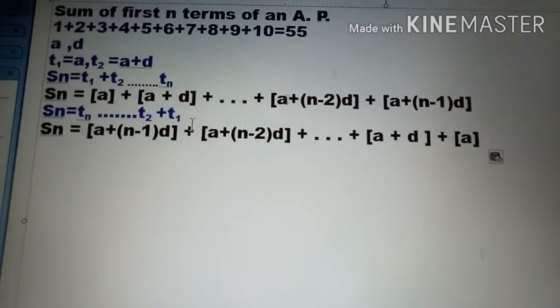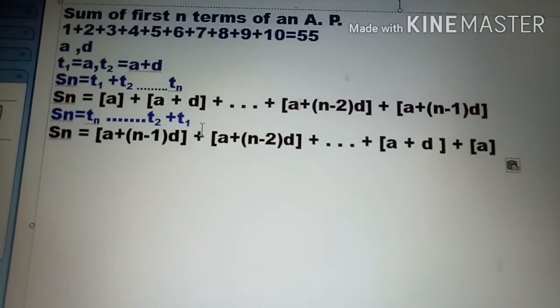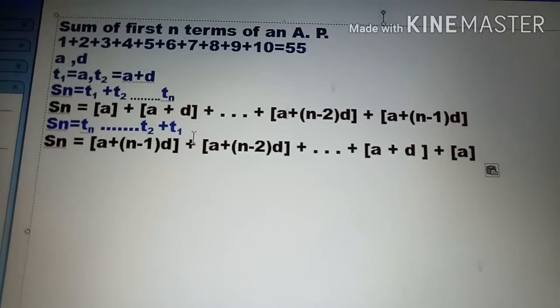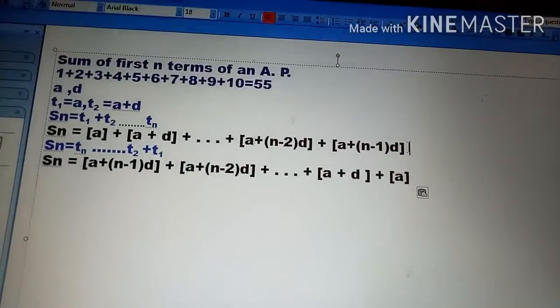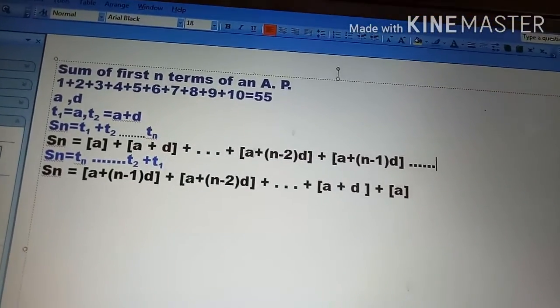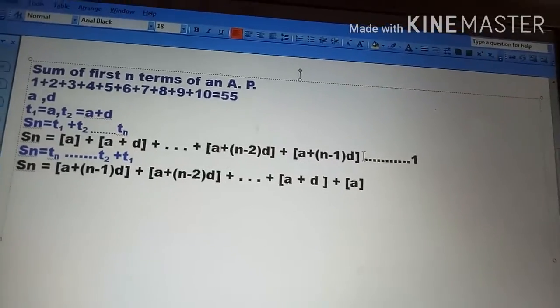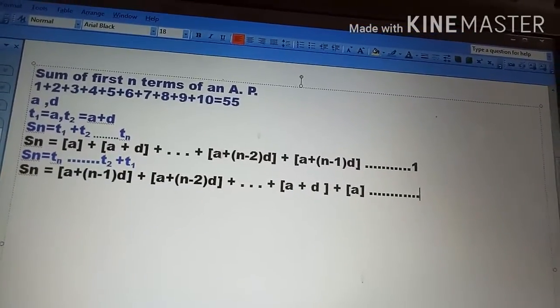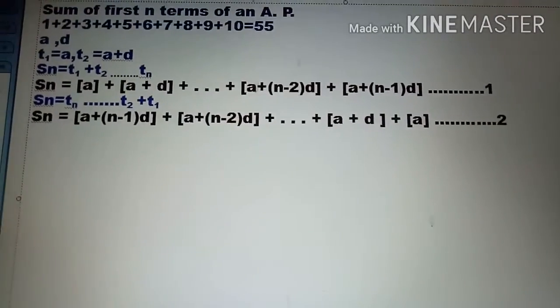These are correct, but we have written the above equation only in reverse. Now if we add both, suppose we consider the first as equation first and the later as equation second, then we add equation first and second.